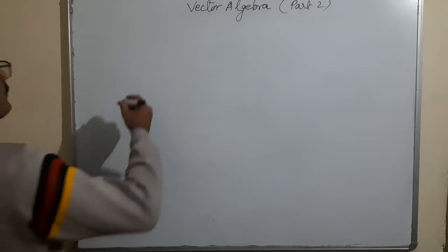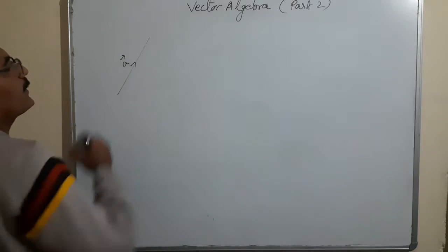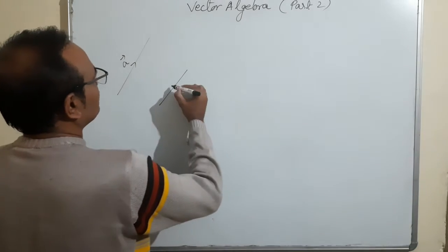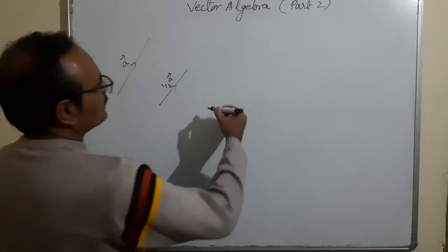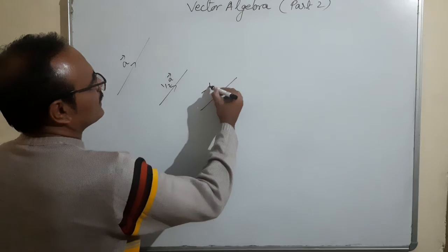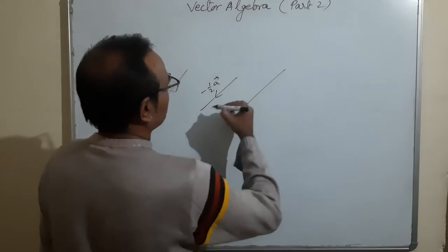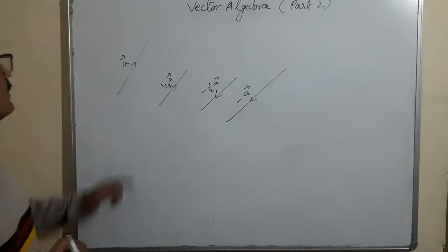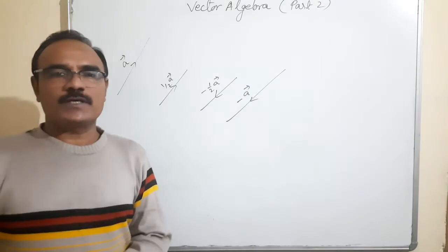For example, this is a vector, vector A. If I make just half of it, then it becomes 1/2 vector A. If I change its direction like this and the magnitude is the same, it is minus 1/2 vector A. If I make a double of it, it is minus vector A. What does it mean?